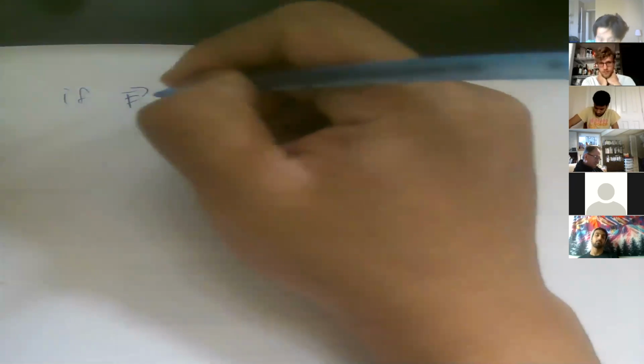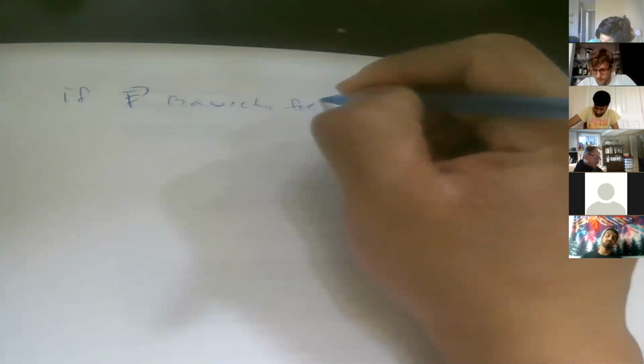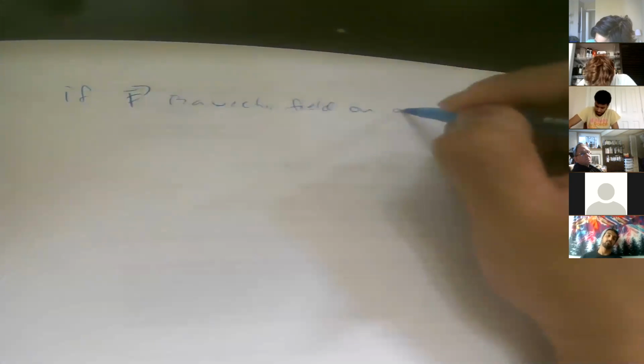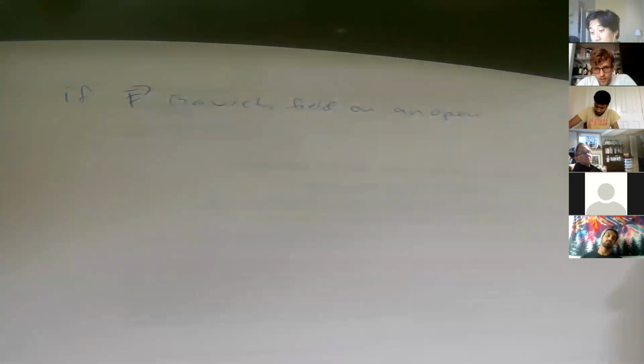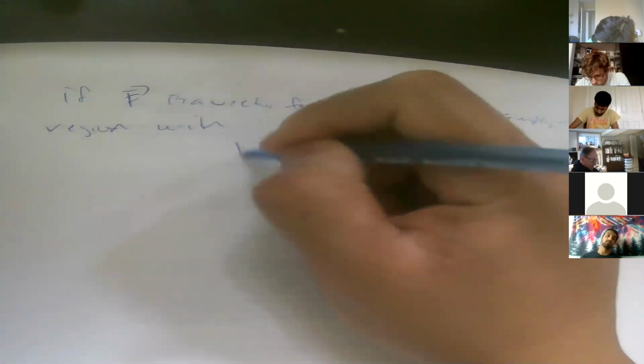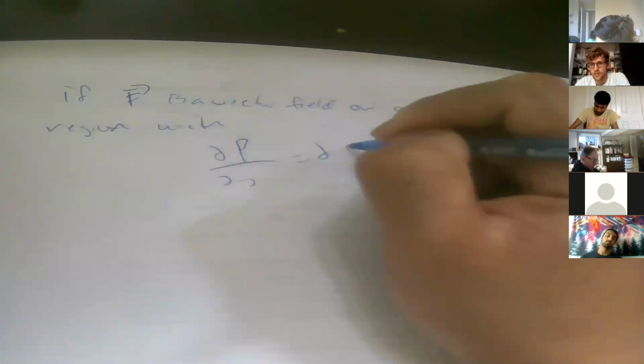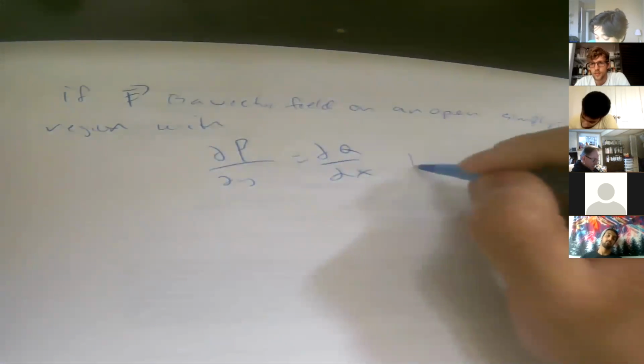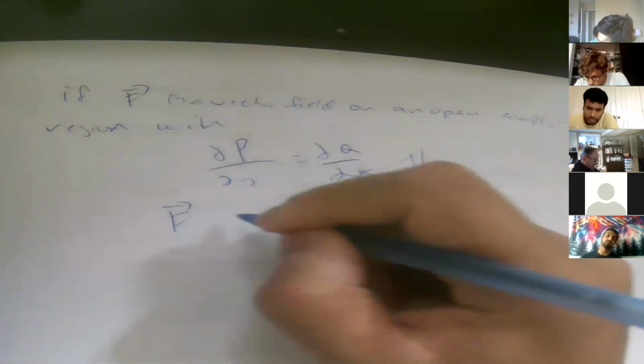It should say something like, if F is a vector field on an open, so I still need the open condition, and instead of connected, I'm going to be simply connected, so connected with no holes, region with dp/dy equal to dq/dx, then F is conservative.